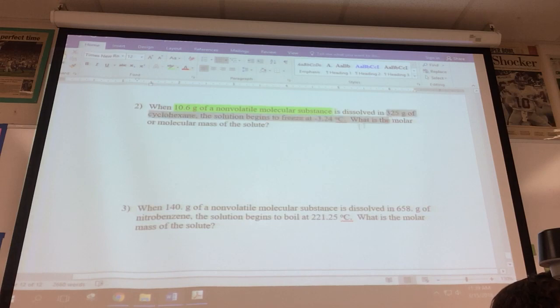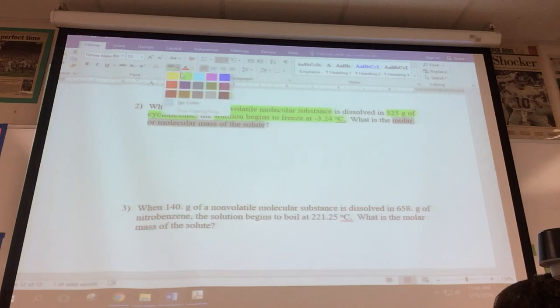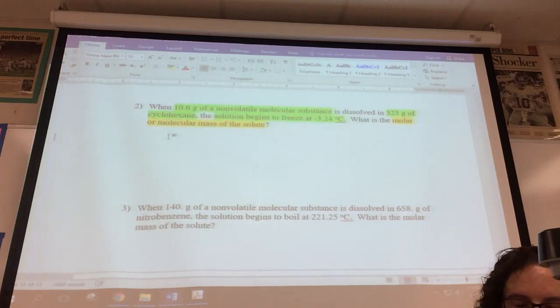Solute, is dissolved in 325 grams of cyclohexane, that's the mass of my solvent. What's the solvent? Cyclohexane. The solution begins to freeze at negative 3.24 degrees Celsius. We want to know the molar or molecular mass.